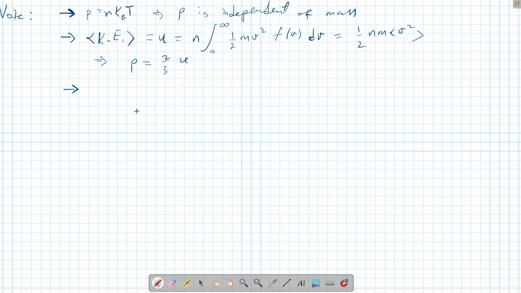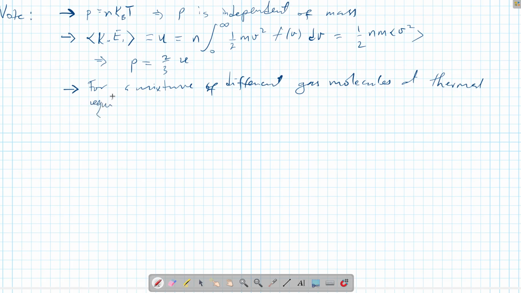So for a mixture of different gas molecules at thermal equilibrium, the total number density is going to be equal to the summation over i of the individual number densities, where i is just a label for the different types of gas.